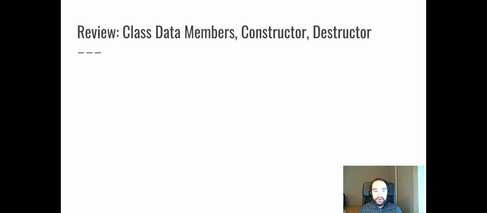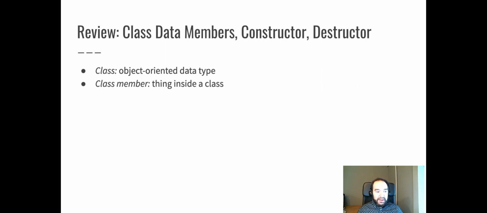Now let's review some terminology about object-oriented programming, class data members, and constructors and destructors. A class is an object-oriented data type. We build object-oriented software out of individual classes. A class connects functions and data into one thing that operates independently. A class member is just a thing inside a class, and there are two major categories of class members.